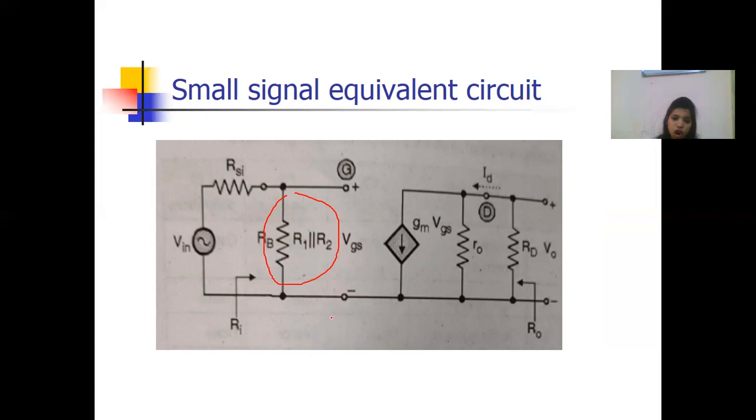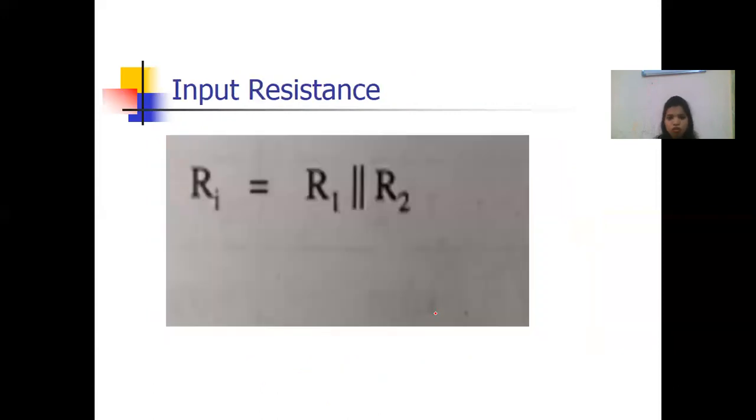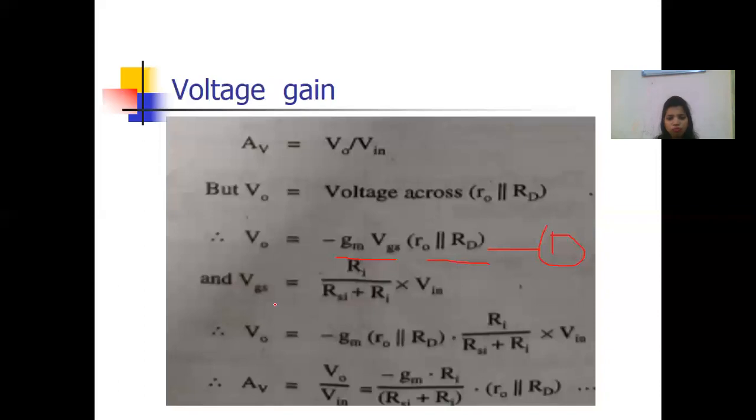VGS equals RB upon R plus RB times V in, by using the voltage divider rule. The branch in which we are calculating the voltage will be in the numerator, divided by total resistance, times the given voltage. So in this way we have calculated VGS.